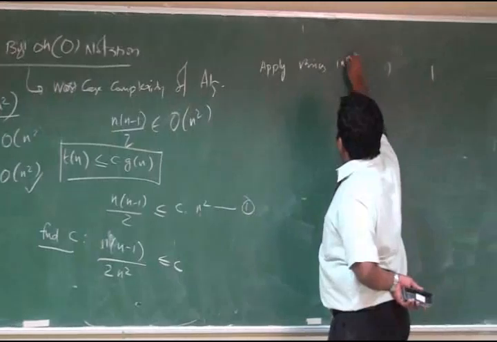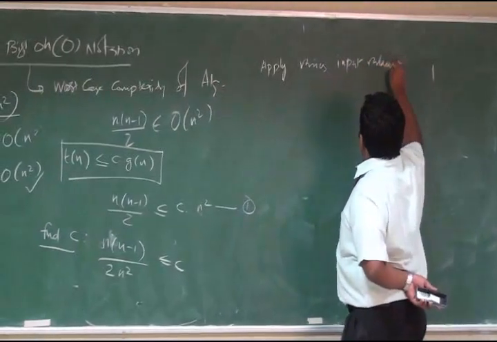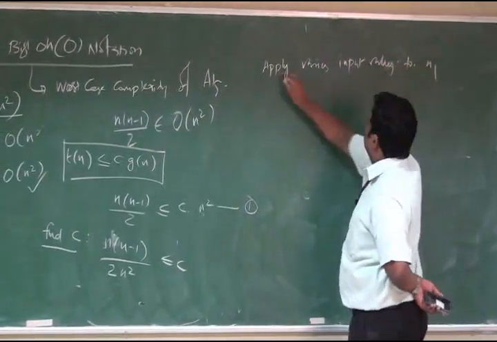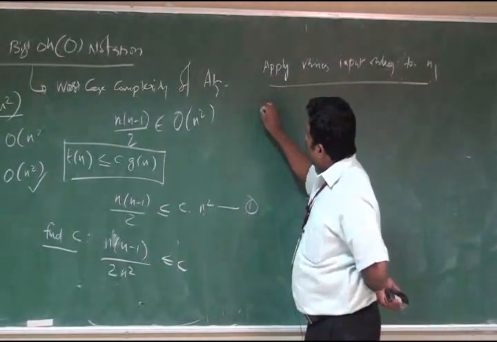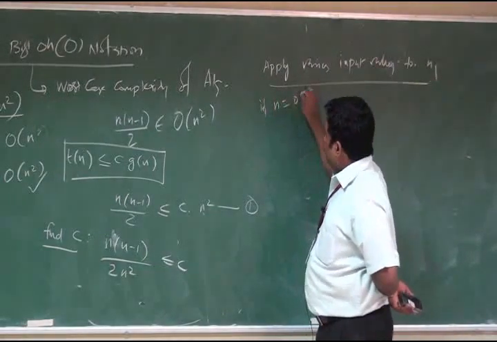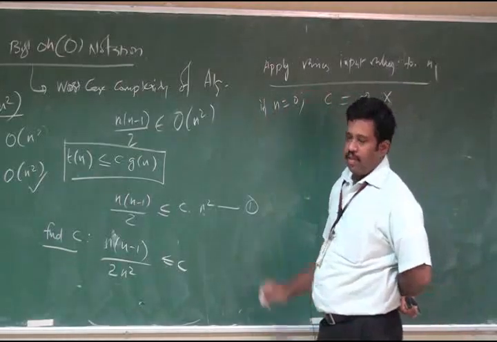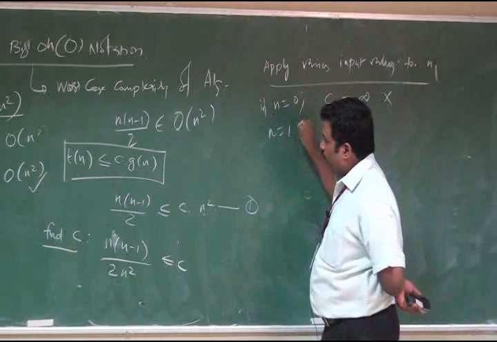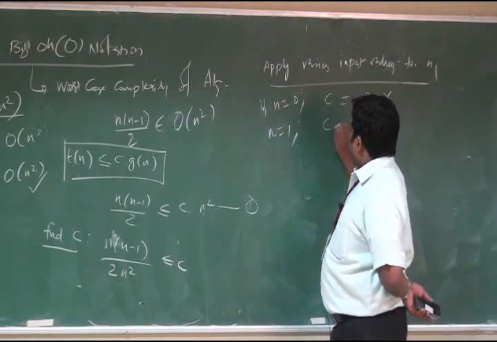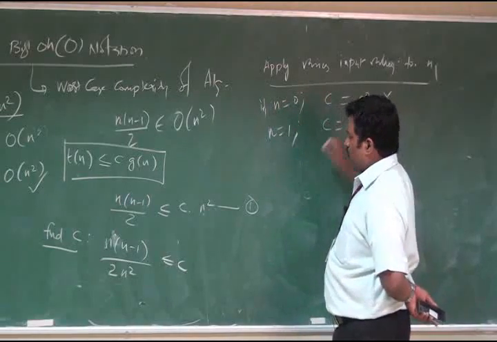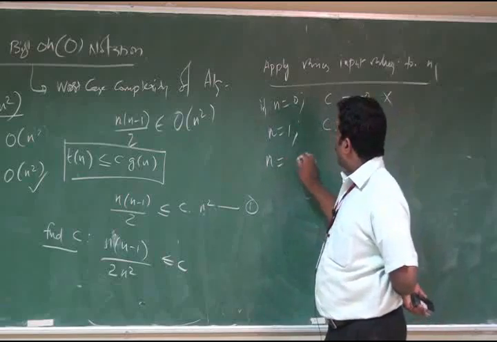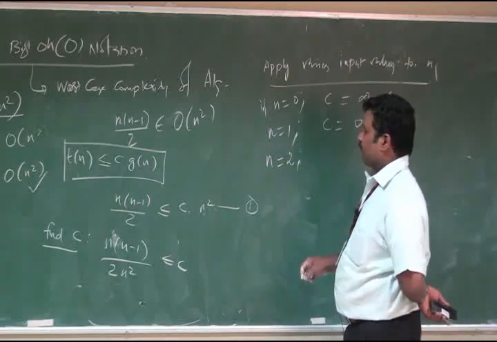Now apply various input values to n. If n equivalent to 0, the C value will lead to infinity. Don't select this. If you apply n equivalent to 1, you get C equivalent to 0 here. Apply n equivalent to 2 here.